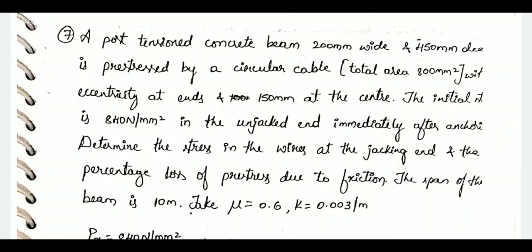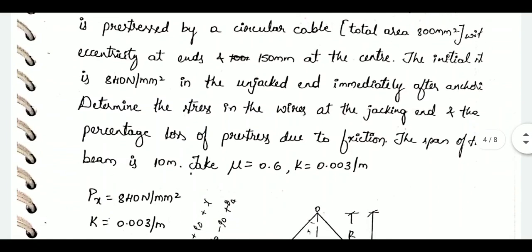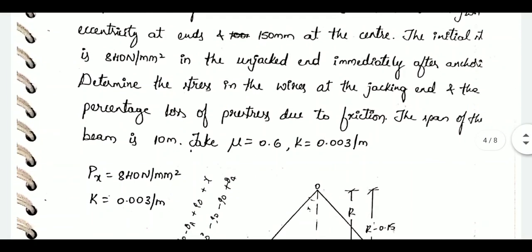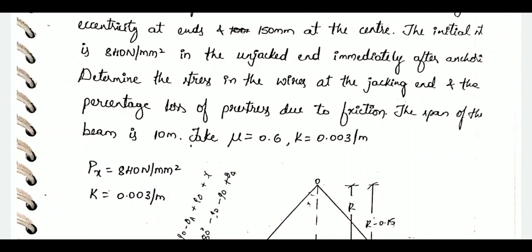The initial stress is 840 Newton per mm square in the unjacked end immediately after the anchoring. Determine the stress in the wires at the jacking end and percentage loss of pre-stress due to friction. The span of the beam is 10 meter. Take mu as 0.6 and K as 0.003 per meter.